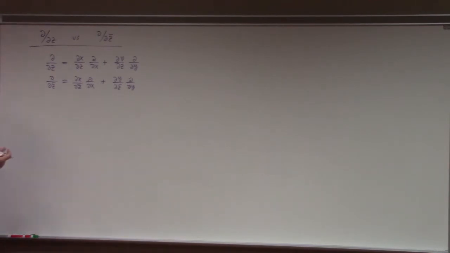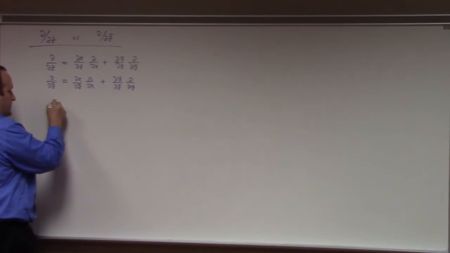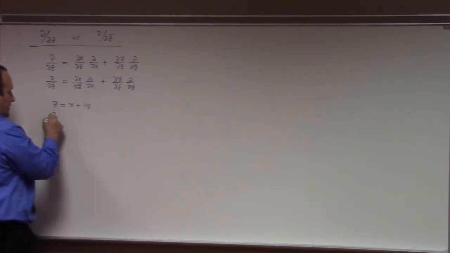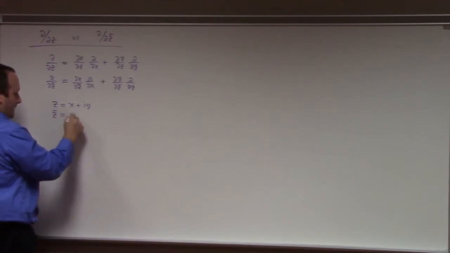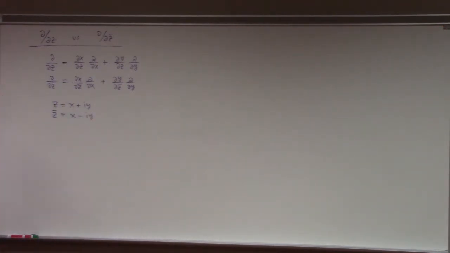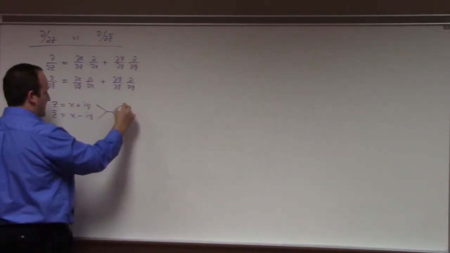Now, how do you relate x and y and z and z bar? Remember the fundamental formulas? z is x plus iy, right? z bar was what? x minus iy. So you can solve those for x and y as well, right? That gives us x is equal to what?